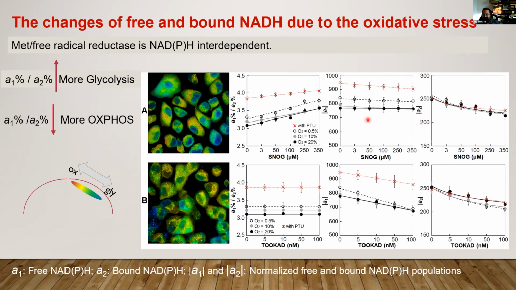So you can independently watch if your ratio is changing, whether that is due to, in this case, no change of the free amount versus a depletion of the bound material, or in the case when you're doing a sensitizer making ROS, these reactive species do not change the alpha-1, alpha-2 ratio. And in this case, they're both being depleted by the oxidative stress. So all of these things are available to us.